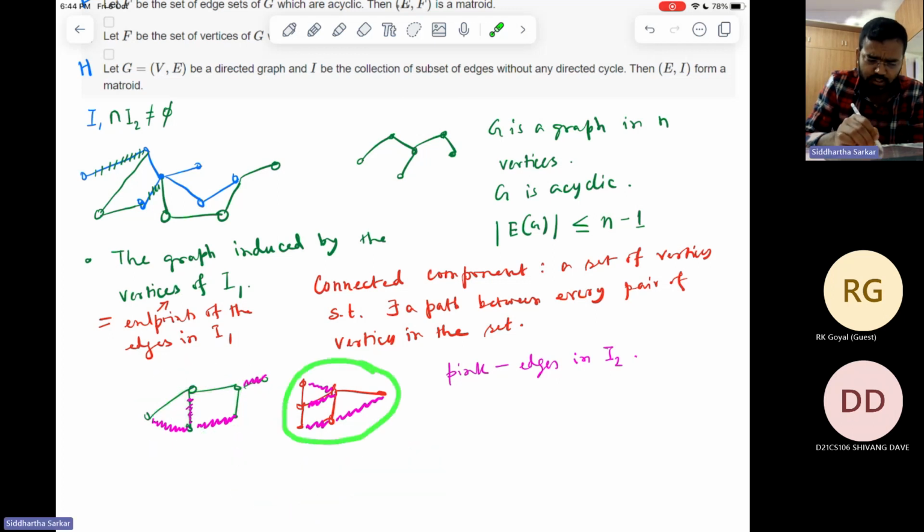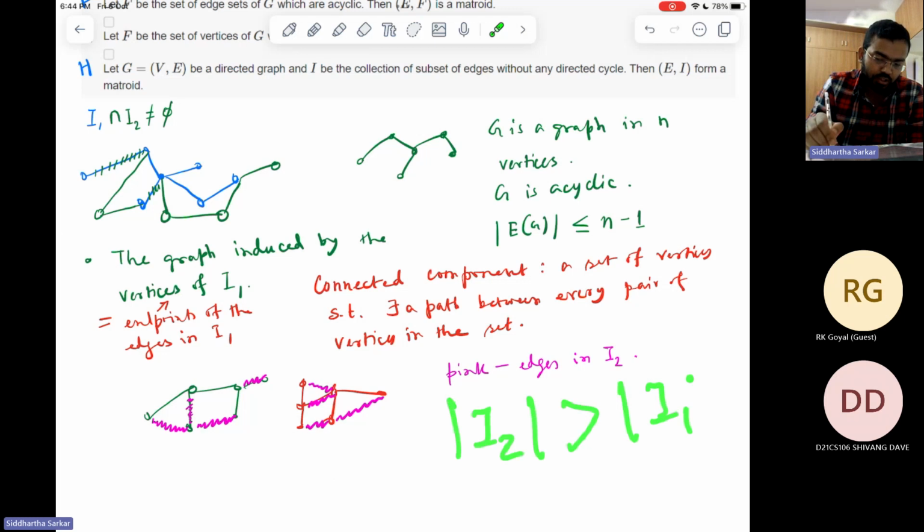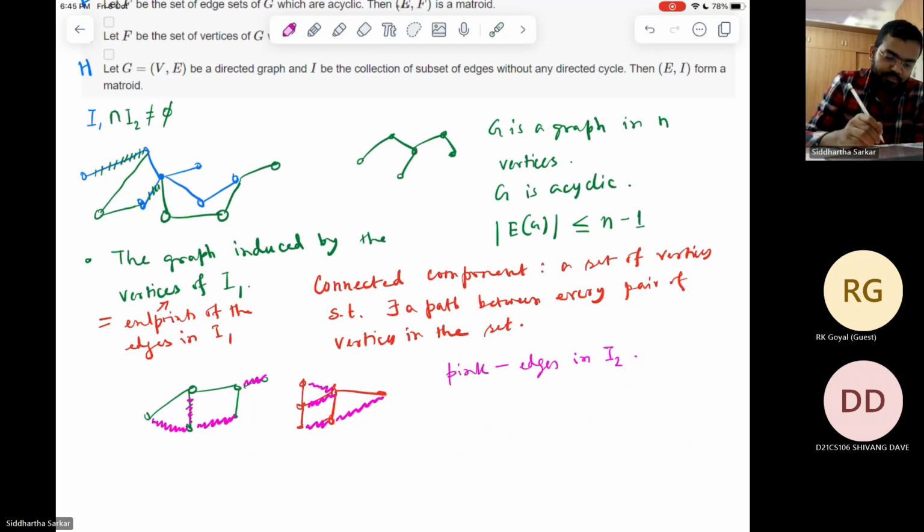And that is true across the components, for any component. But then the number of edges in I2 is strictly more than the number of edges in I1. So that means there are other pink edges which are outside of the components. So that means that at least one edge exists.